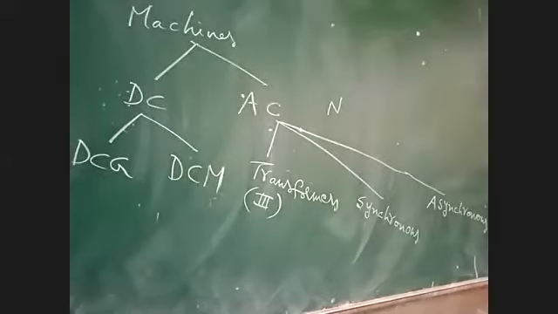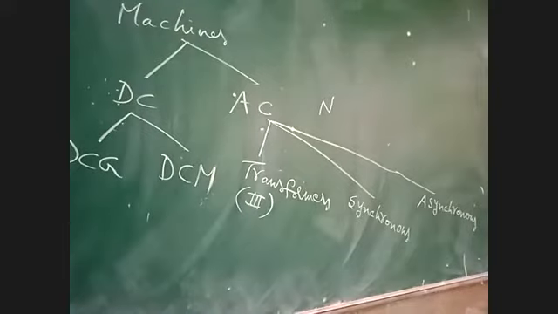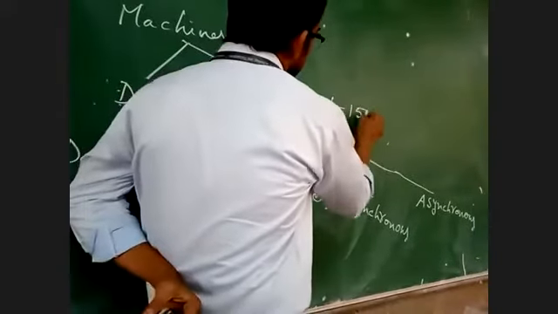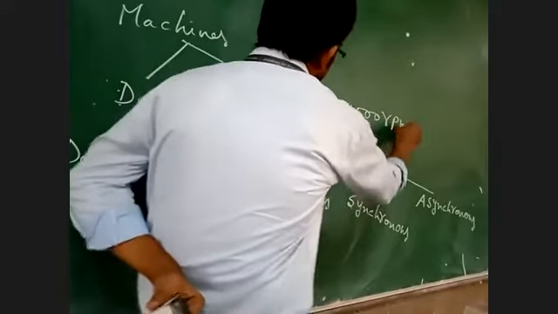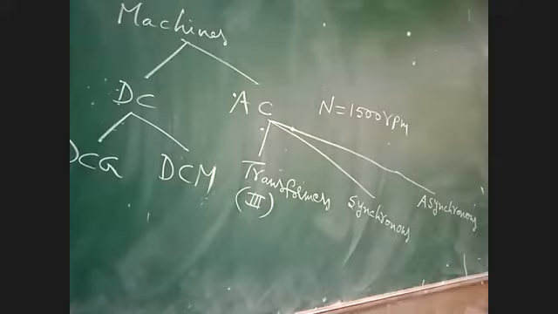Let us assume n is the speed of the motor. In your house, it may be written as 1500 RPM, 1500 revolutions per minute. RPM means revolutions per minute. That is the speed of the motor given on the motor.